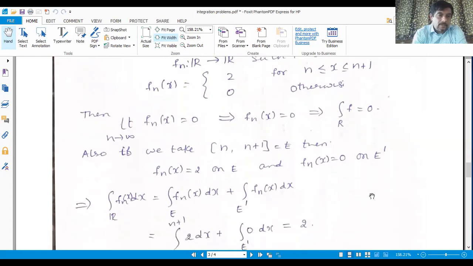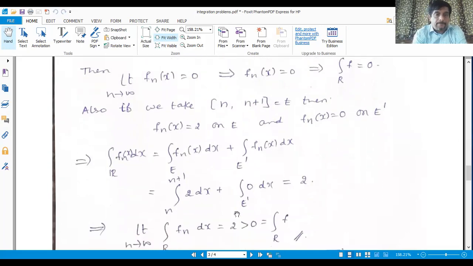Then the integral over R of f_n of x dx can be written as the sum over the set and its complement: the integral over E of f_n of x dx plus the integral over E dash. Here it is n to n plus 1, the f_n value is 2 into dx, plus 0 on E dash. Then 2 into 1, x will be there, n plus 1 minus n cancels, and you get only 2.